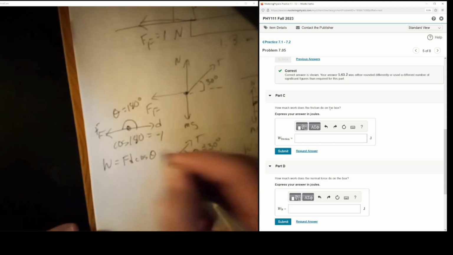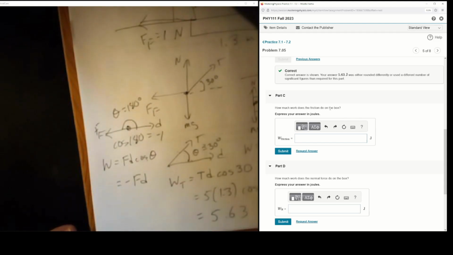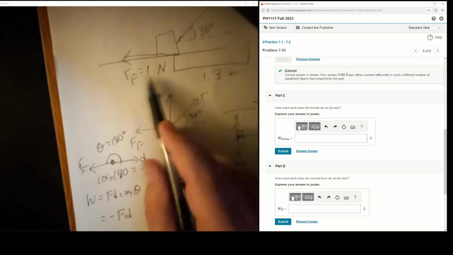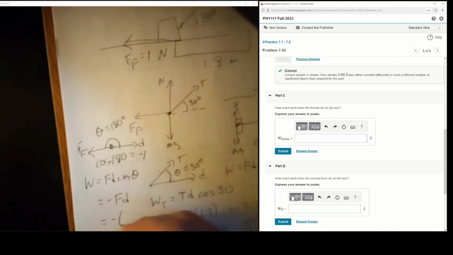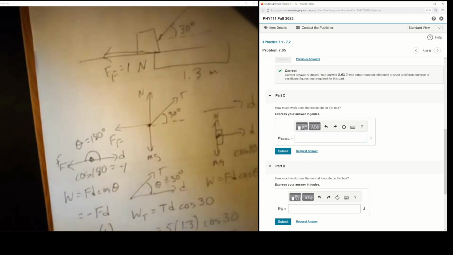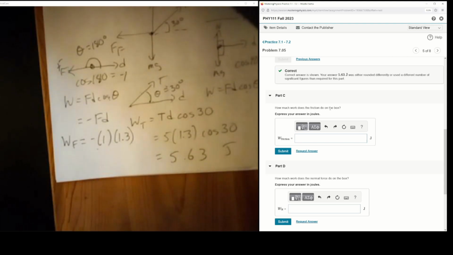So when we look at our work formula, F D cosine theta, cosine theta is -1. So this is going to be minus force times displacement. The force of friction, they told us, is 1. And the distance traveled is 1.3. This is the work done by friction. Work done by friction is going to be minus 1 times 1.3, to get us minus 1.3.